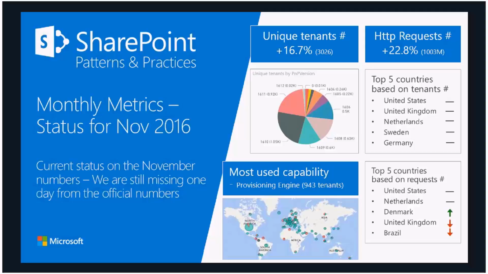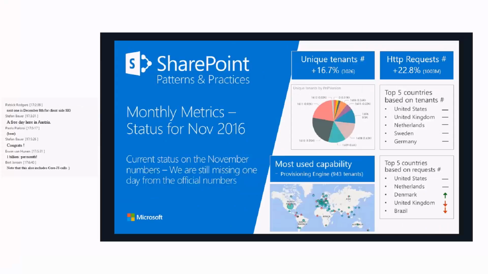On the unique tenants per PnP version, these are not in percentages, but we can see that more than half of the usage is coming from the past three versions, which is good. So versions 16.09, 16.10, 16.11.